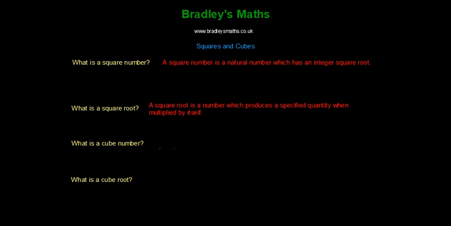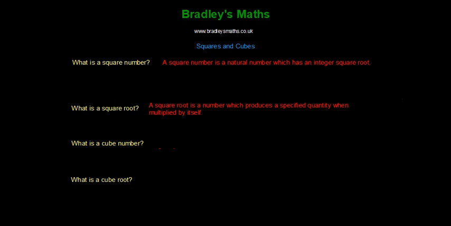So if we have the number 2 and it's multiplied by itself, 2 times 2, that gives us 4, and so 2 is the square root of 4. Okay, so far so good.